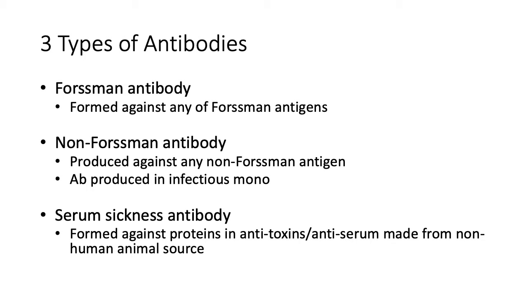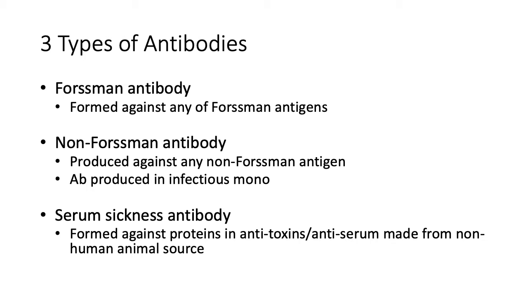Forsman antibodies are heterophile antibodies formed against any Forsman antigen. As previously mentioned, one of the non-Forsman heterophile antibodies that we discussed in the previous lesson is the reagin antibody produced in response to syphilis. Non-Forsman antibodies are heterophile antibodies produced against any non-Forsman antigen. The antibodies produced in infectious mononucleosis are non-Forsman heterophile antibodies.